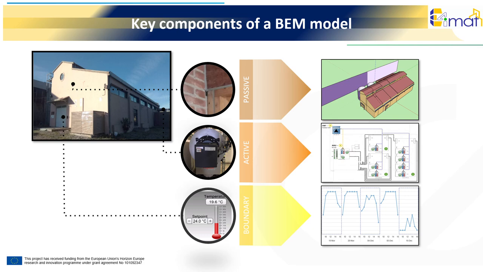From a broad perspective, the key components that describe what the building is, how it is used, what systems it has, and how it interacts with its environment can be categorized into three major groups: the passive systems, which integrate the building's geometry and its envelope properties; its active systems, that contain the building's HVAC systems and define its components; and finally, its boundary conditions, which comprise external and internal stresses, as well as operational constraints that define how the building is used.